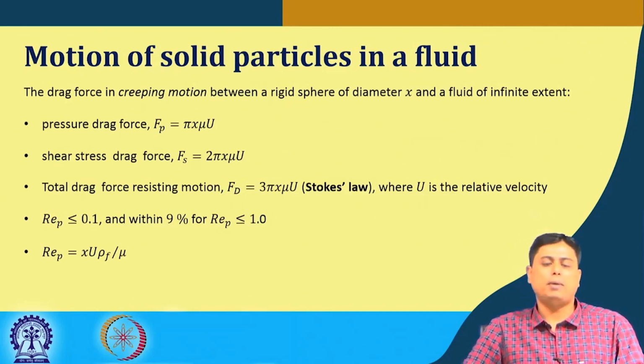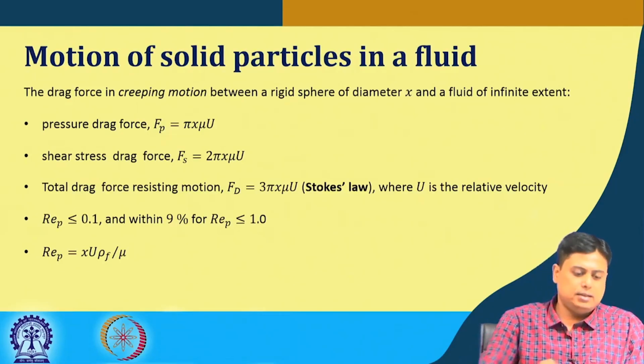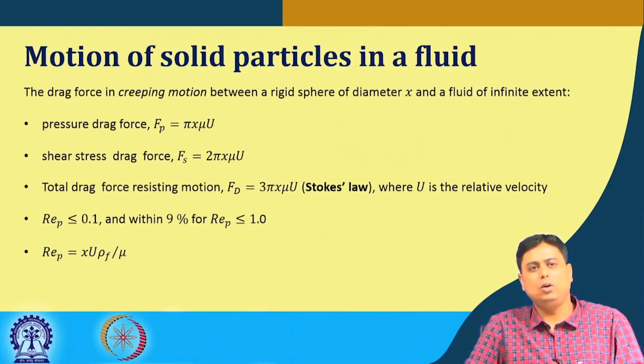The particle Reynolds number is defined as this expression, where x is the diameter of the particle or the object, u is the relative velocity, rho f is the fluid density, and mu is the viscosity of the fluid in which the particle is settling.